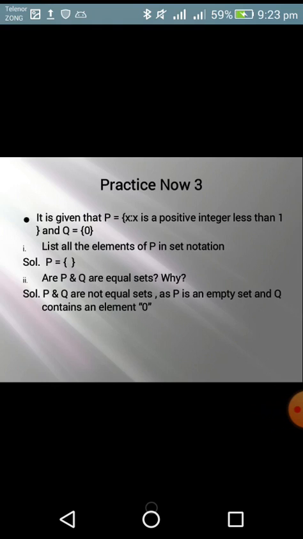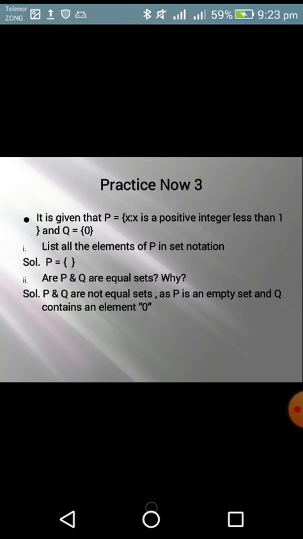First part is to list all the elements of set P in set notation. Now set P is X such that X is a positive integer less than 1.